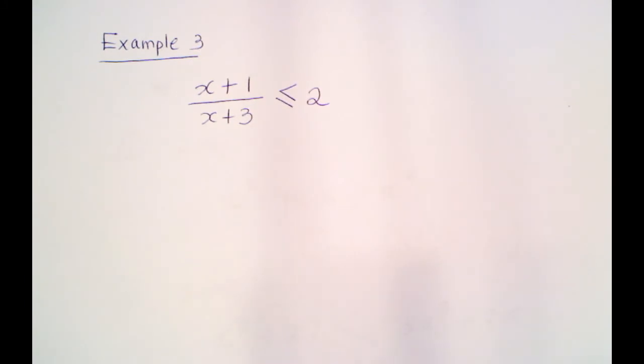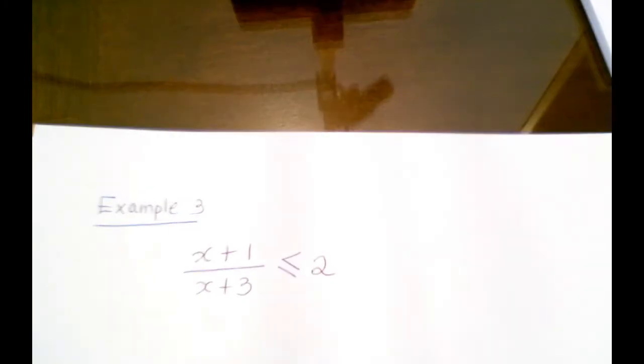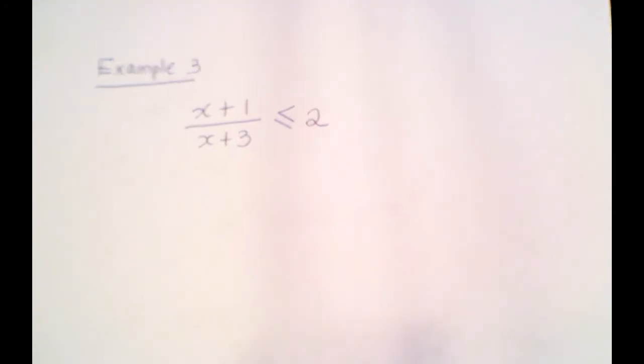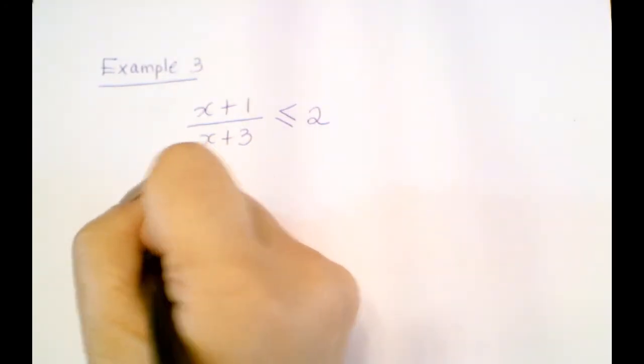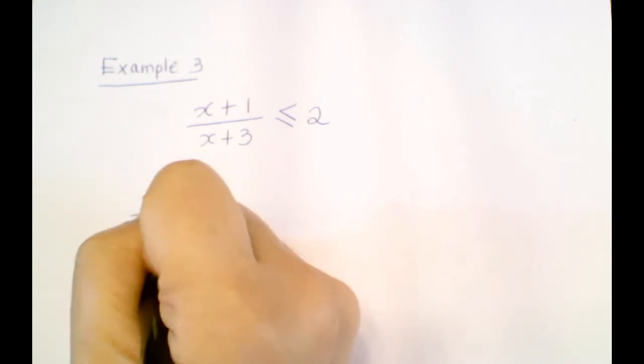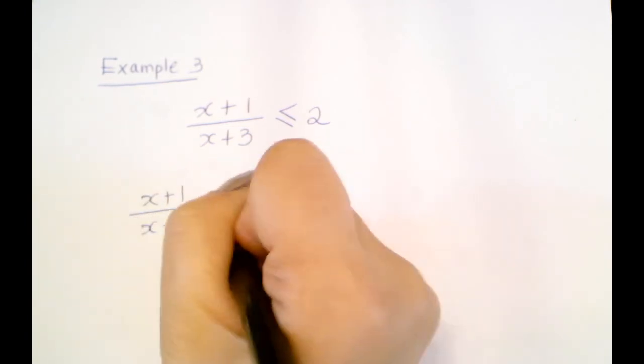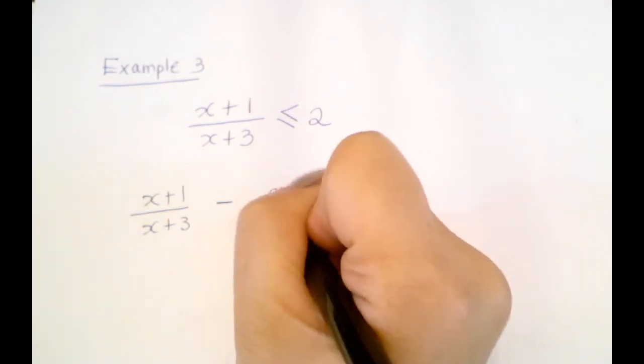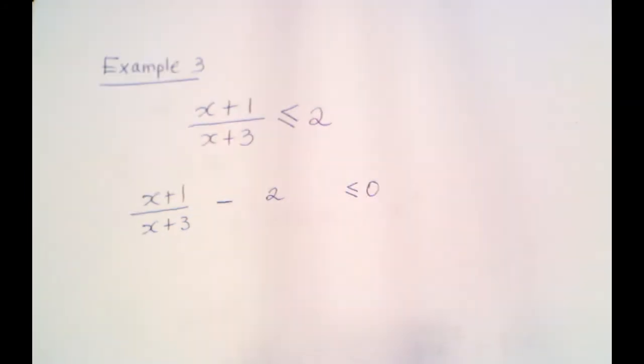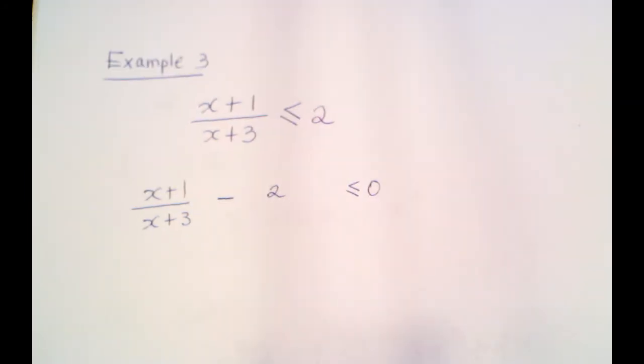So let's start. I do want you to move the 2 to the other side first. So that will be (x + 1)/(x + 3) minus 2 is less than or equal to 0. But you see why I left all this awkward room over there?